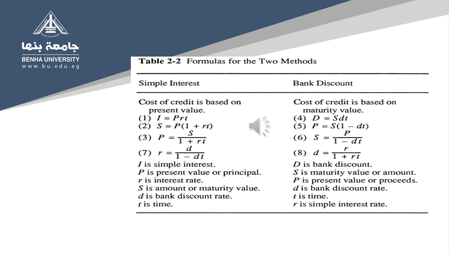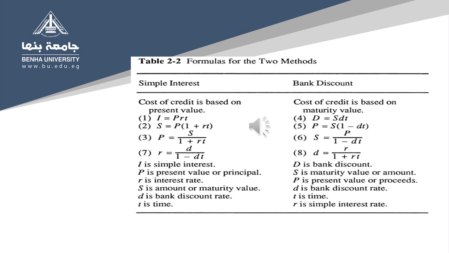Cost of credit is based on maturity value. Equation number 4, D, the bank discount, equal SDT. The fifth formula, B equal S multiplied by 1 minus DT. The sixth important equation, S equal the amount in bank discount, B over 1 minus DT.